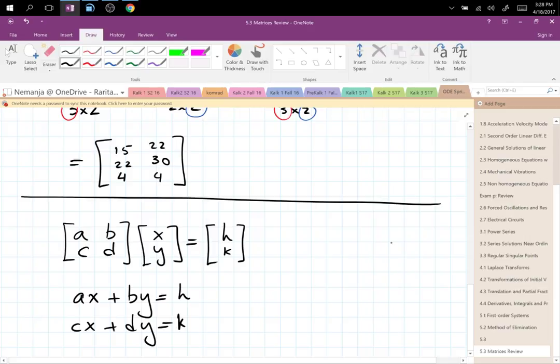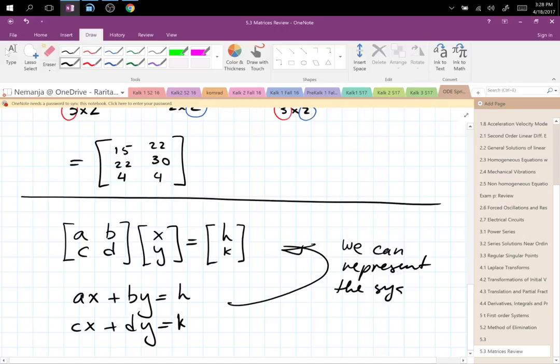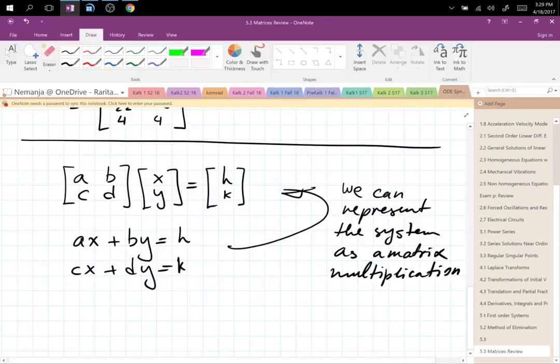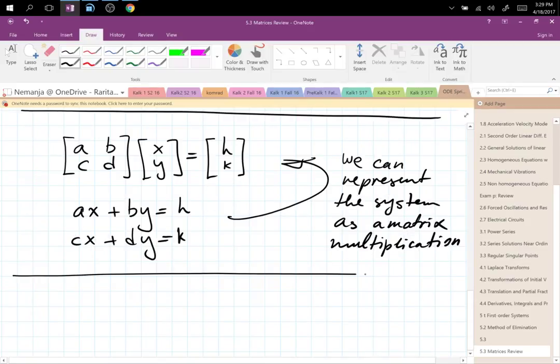So we can represent the system as a matrix multiplication, which is exactly what our method is doing.